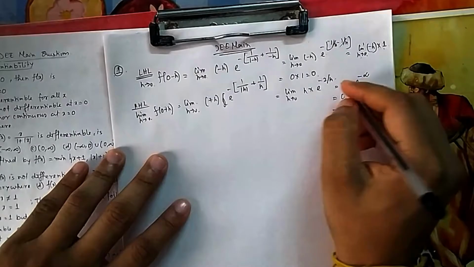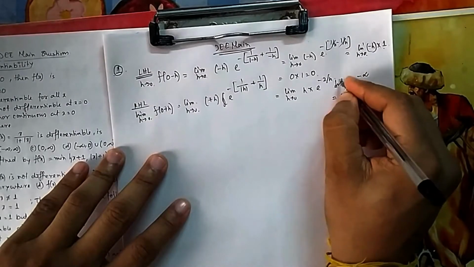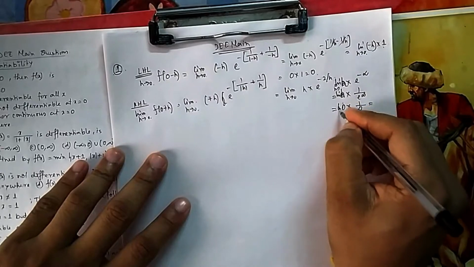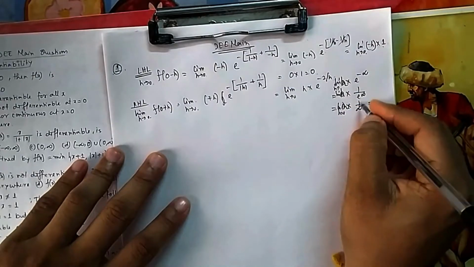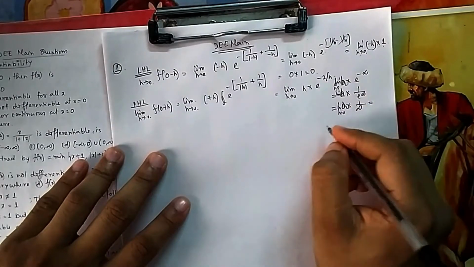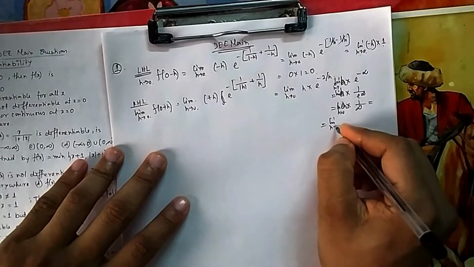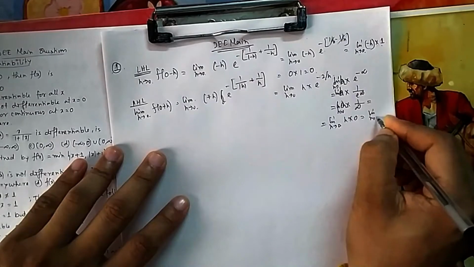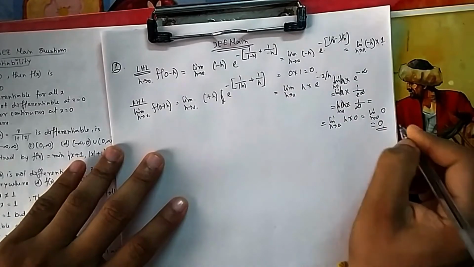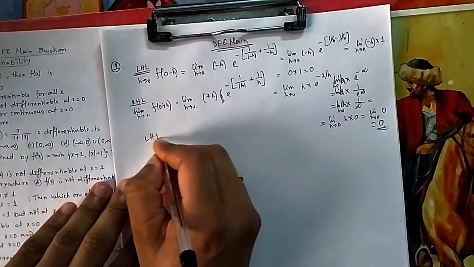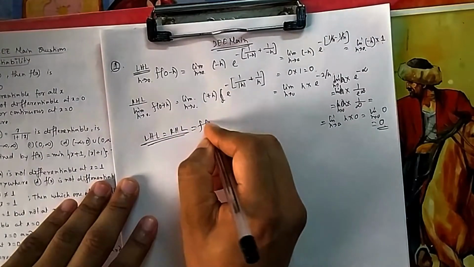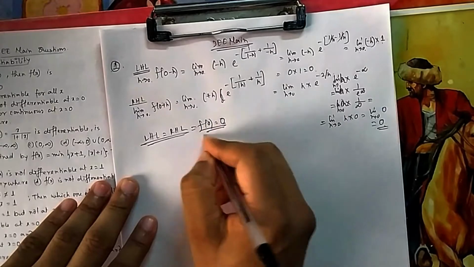You can keep the h, limit h tends to 0 of h into 0, which is 0. So you can see your LHL and RHL are both equal, and that is also equal to f(0), because f(0) is also 0. Therefore it is continuous.